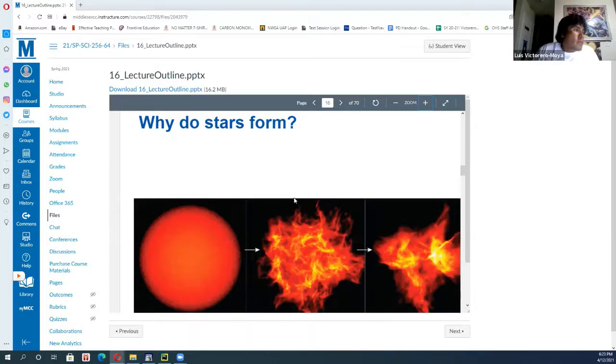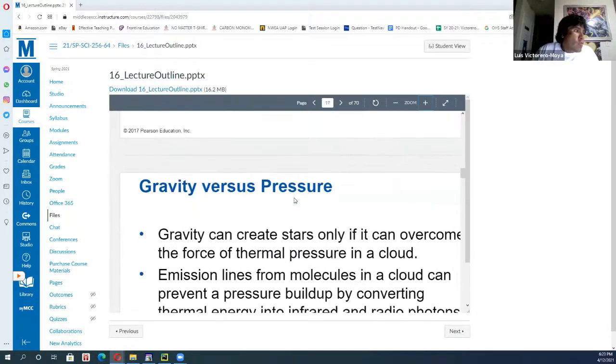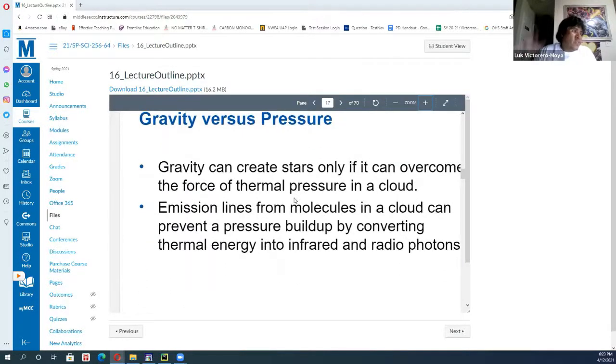Now, gravity versus pressure. That is the key on this part. We need to understand that so far gravity and pressure are balanced when the cloud is not being triggered and is stable. But once the cloud becomes unstable, then you have a battle between gravity and pressure.